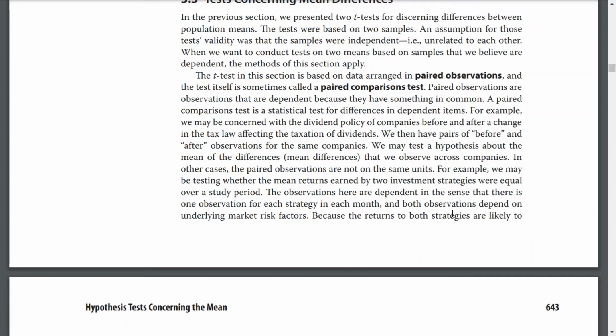In other cases, the paired observations are not on the same unit. For example, we may be testing whether the mean returns earned by two investment strategies are equal over a standard period.